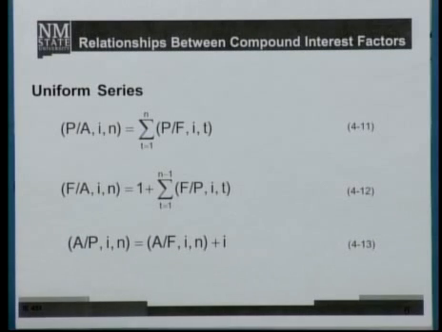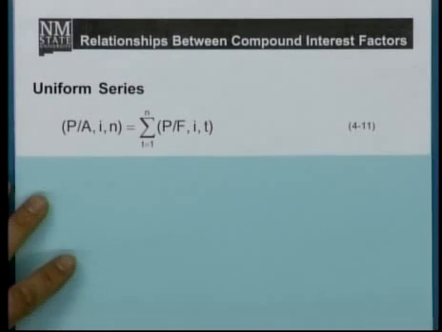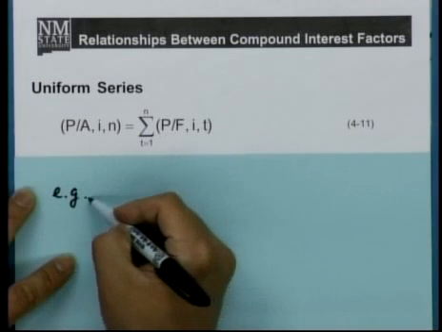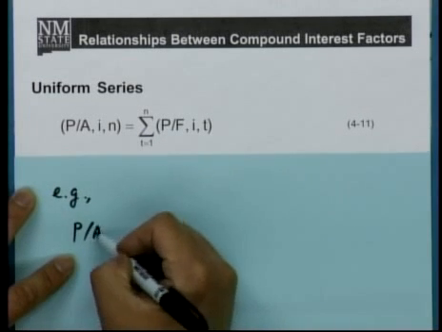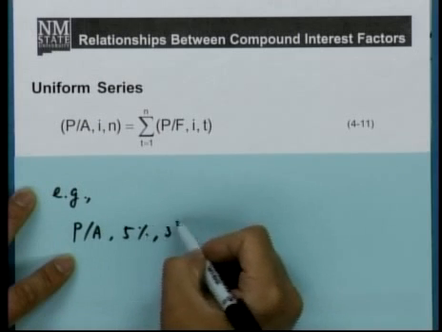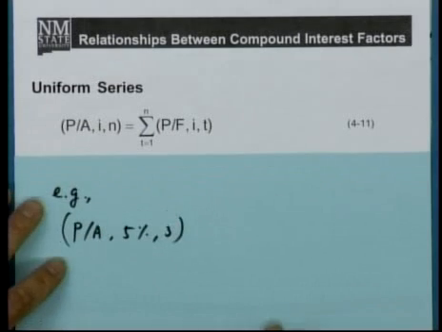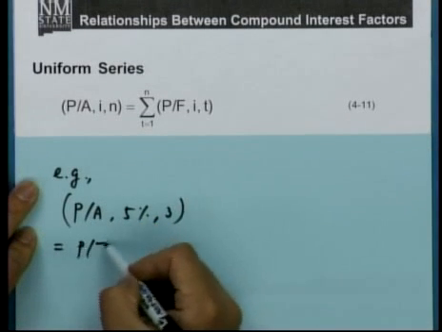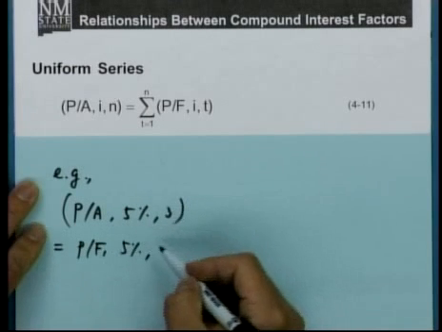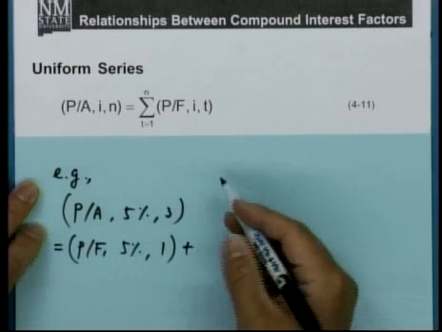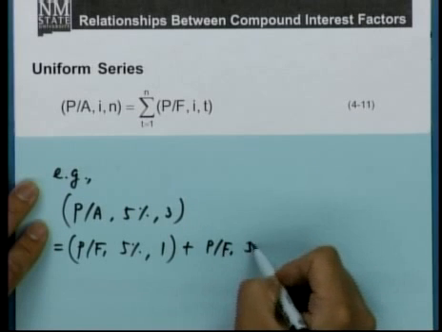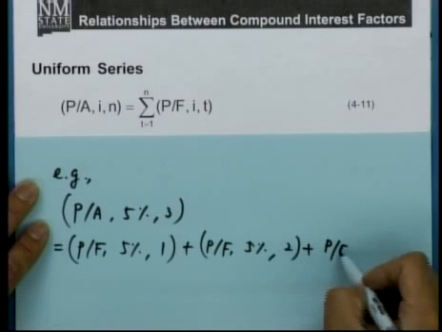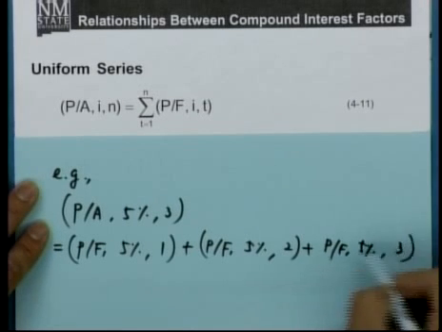So for example, (P given A, 5%, 3 periods) would be the summation of (P given F, 5%, 1 period) plus (P given F, 5%, 2 periods) plus (P given F, 5%, 3 periods). Okay?